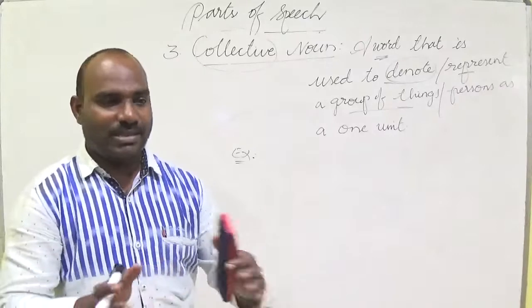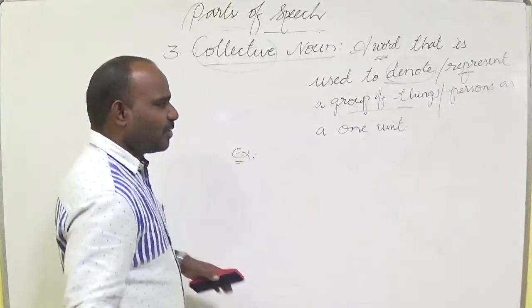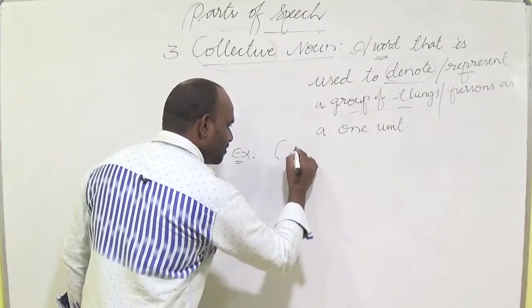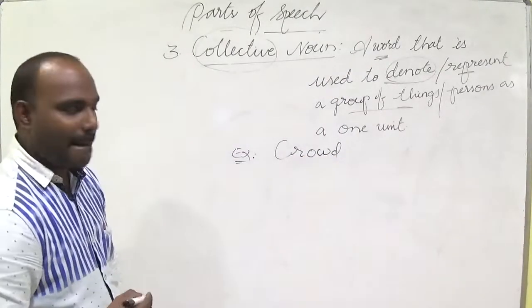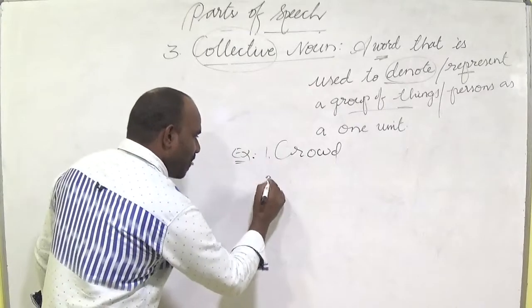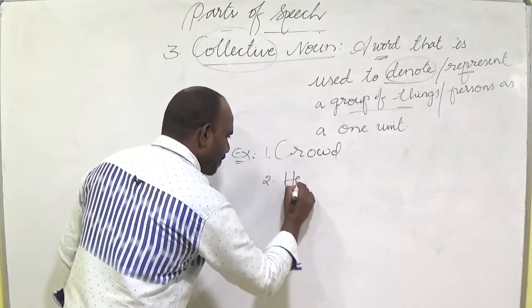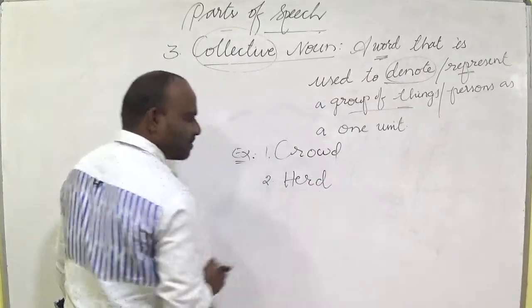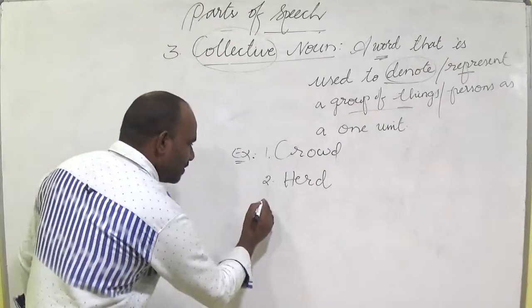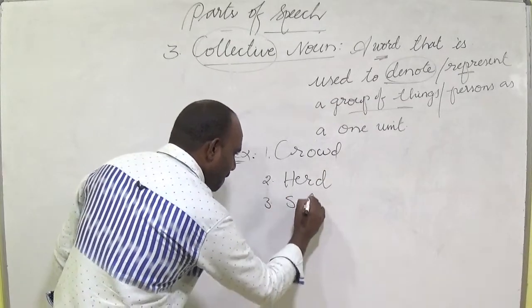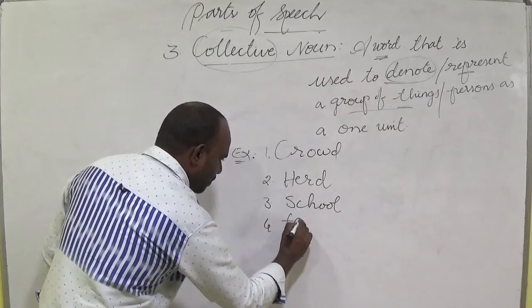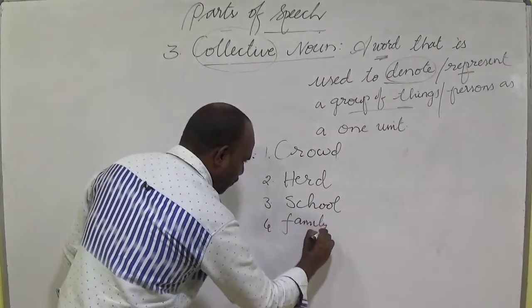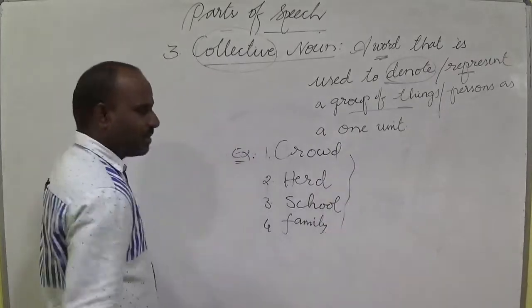To represent a group of people we use crowd, herd, school, family. Look at these words.